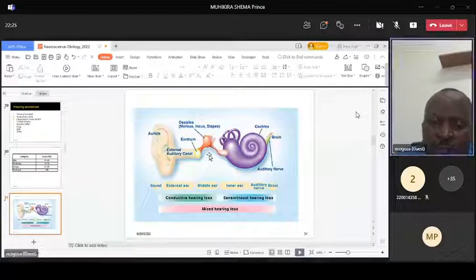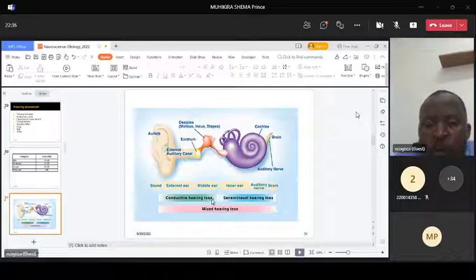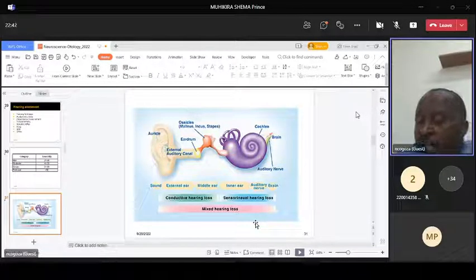If you have a problem in the outer canal, or the middle ear, or the tympanic membrane, and there is a conductive problem, and we have another problem in the inner ear, both will be a mixed hearing loss, because it will include the sensorineural and the conductive one.